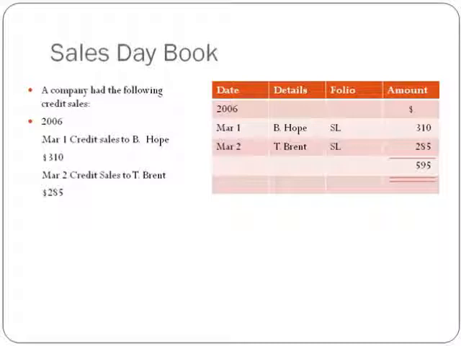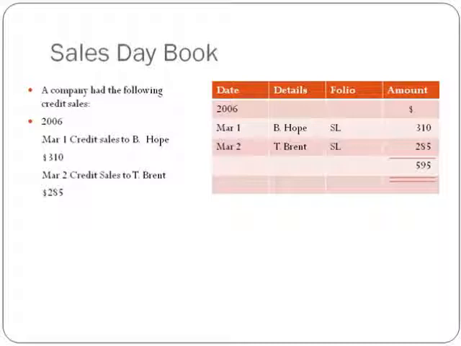As the diagram shows, you put the date 2006, then you place March 1, you place B Hope. B Hope in this instance would be the person who you sold these goods on credit to. So you place B Hope there, and then you place the amount $310 in that particular column.